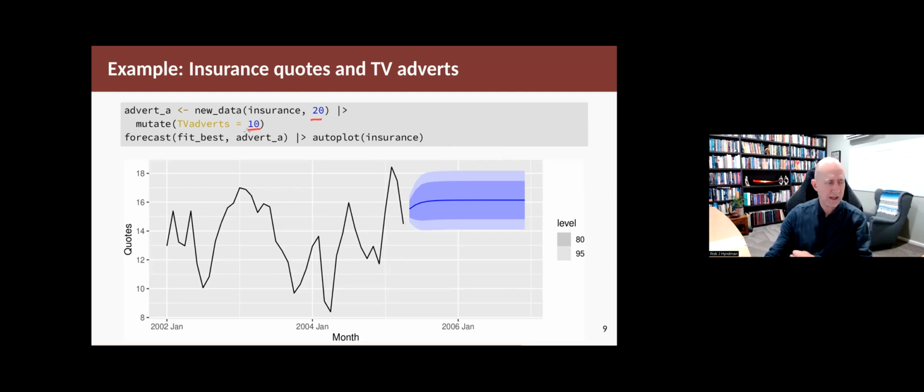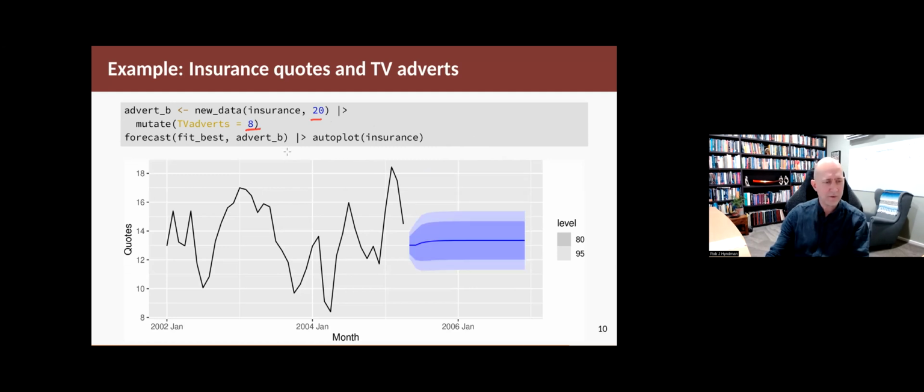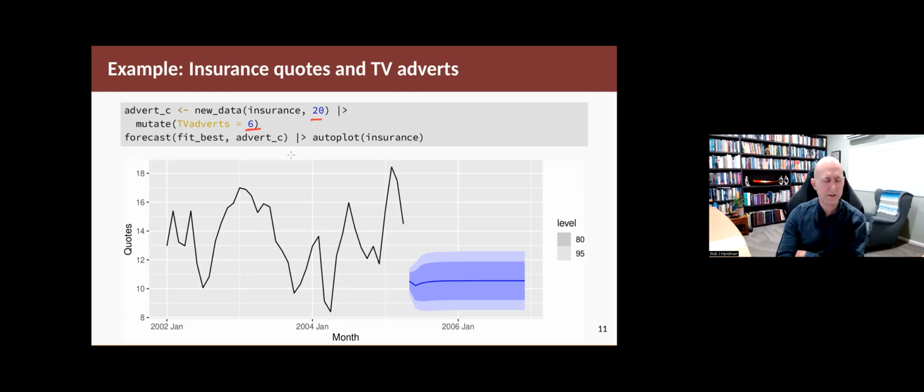And this is telling us how much we're going to spend on advertising in each of those subsequent steps. If we did spend 10 in every month, that's what we'd get. If we spent 8 in every month, that's what we'd get. And if we spent 6 in every month, that's what we'd get. So we can come up with scenarios and plan appropriate advertising expenditure using a model like this.